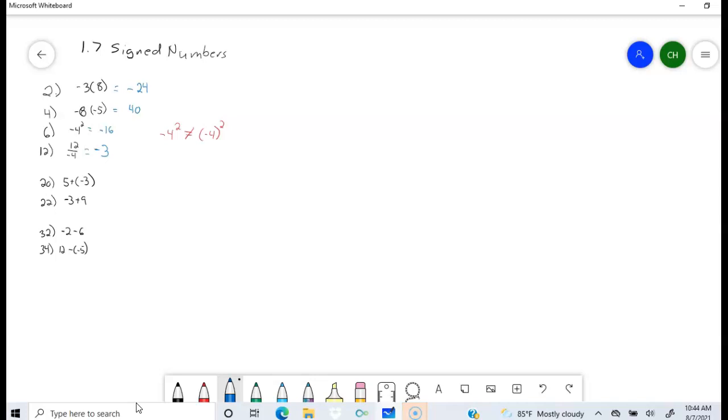On number 20, it wants us to find the sums using the rules for algebraic addition. So I've got 5 plus a negative 3. Well, if I think about it, if I'm on a number line and I'm over at the 5 and I add a negative 3, that means I'm going to go to the left 3 spots.